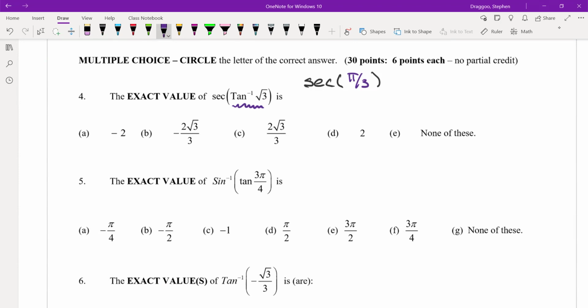Then I've got the secant of pi over 3, which is the reciprocal of cosine of pi over 3. That's going to be 1 over 1/2, and the reciprocal of 1/2 is 2. So secant of tangent inverse of root 3 is 2. Those are the steps I'd take to get there.